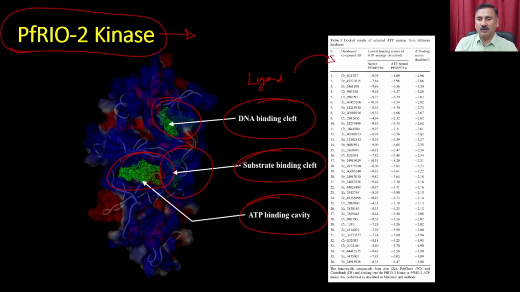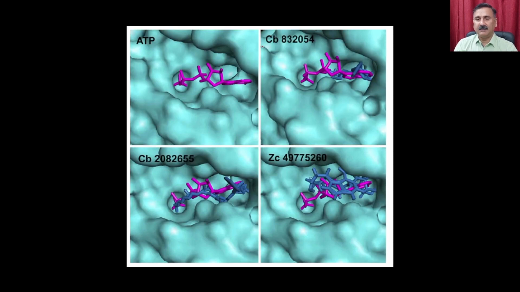These are the different molecules present in the database. We docked all these molecules to ensure that they bind into the ATP binding pocket, and then we selected some of them, like this molecule and this molecule, which fit very nicely into the active site. This means they are potential molecules.